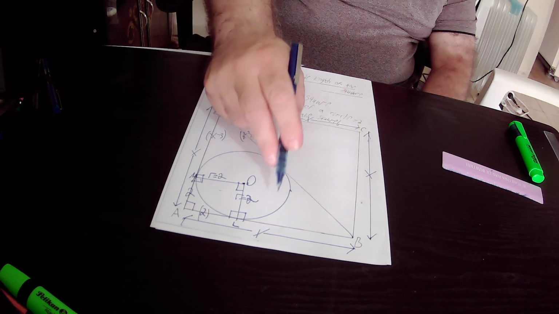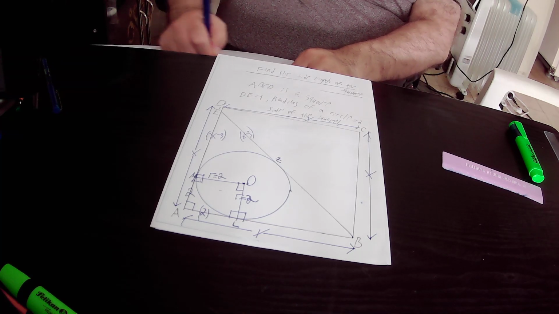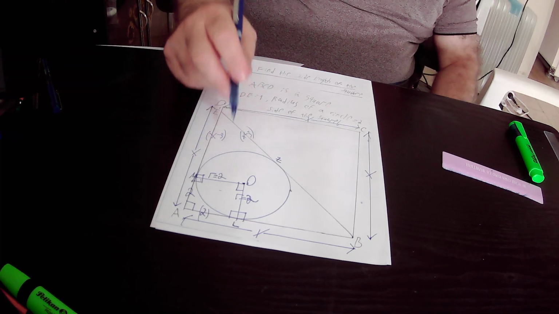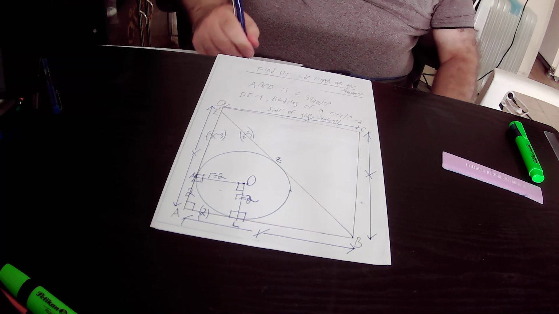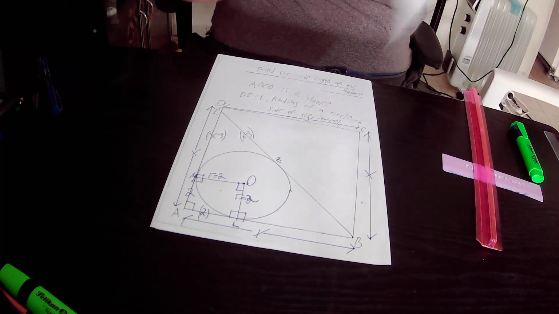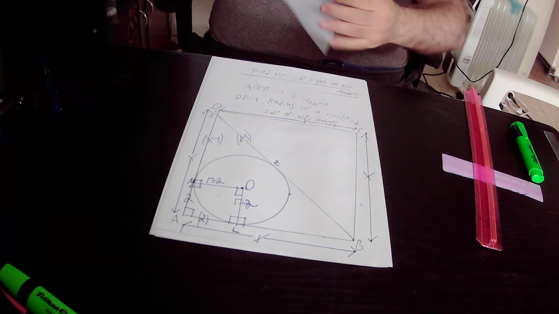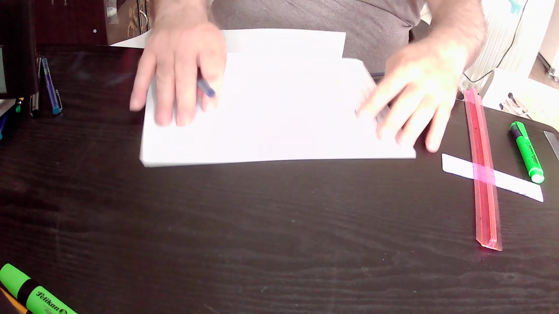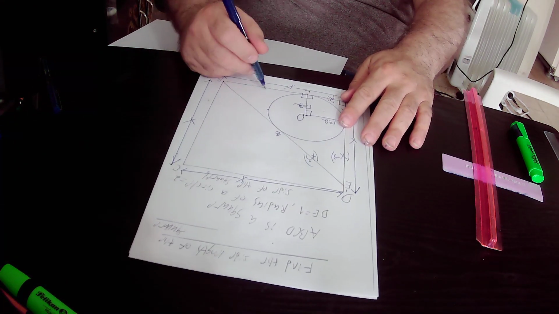BA equals x according to our definition. And we have already found out that LA equals 2 units. So in conclusion, we found out that BL equals x minus 2. So we can write down here that BL equals x minus 2.